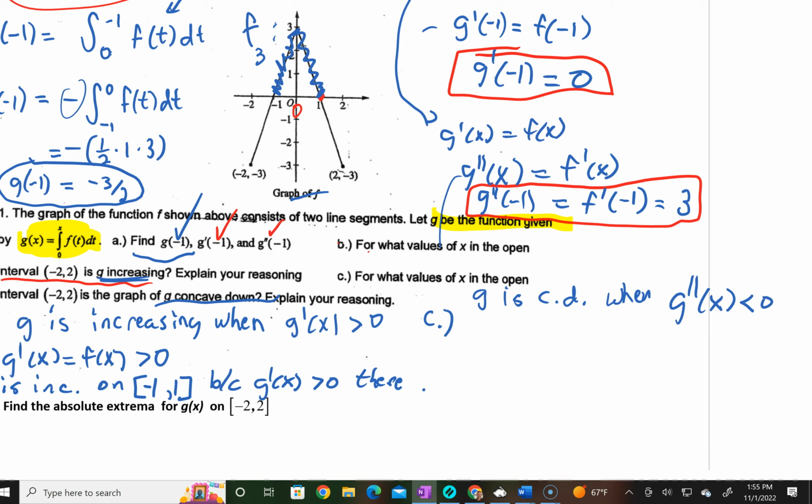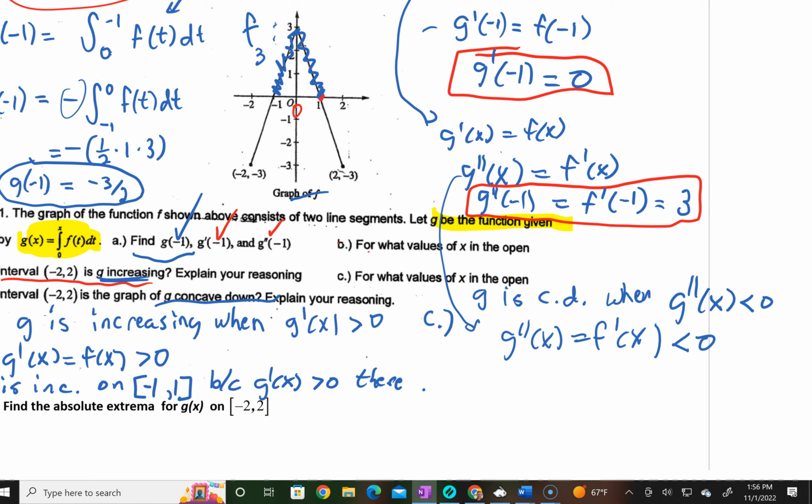And we already saw from up above, G double prime of x is F prime of x. We want to know, when do you have negative tangent line slopes? You see what we're talking about? When on this graph do we have negative tangent line slopes?